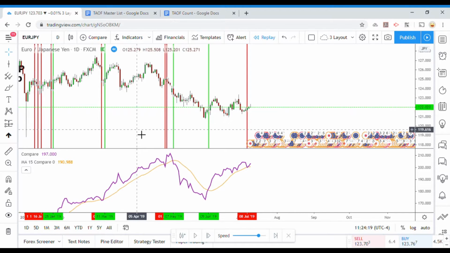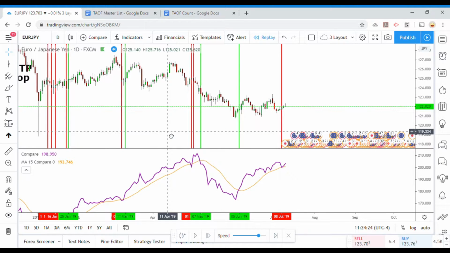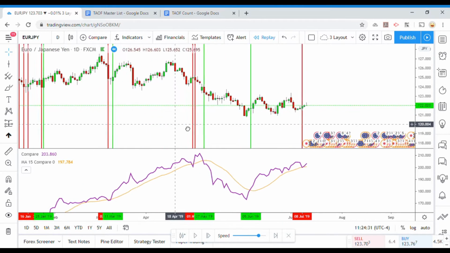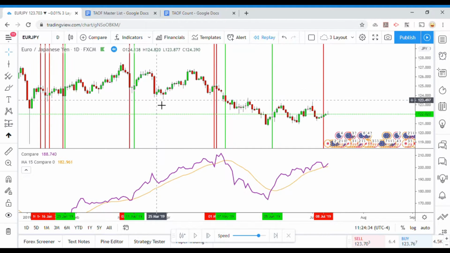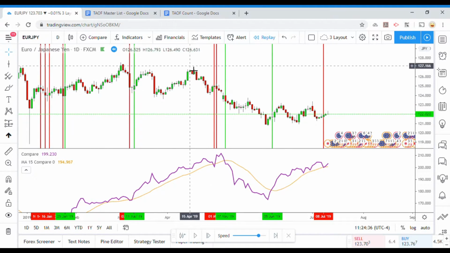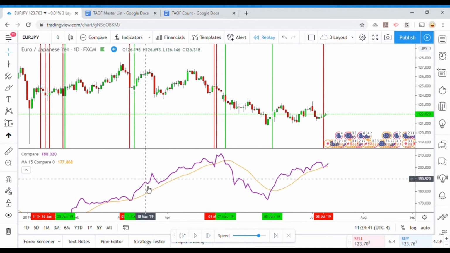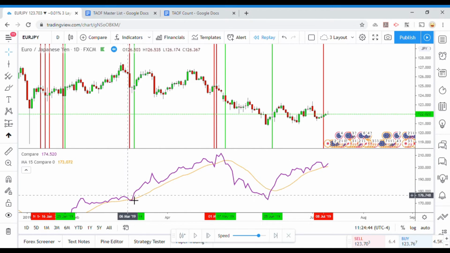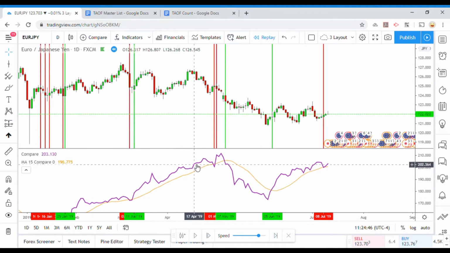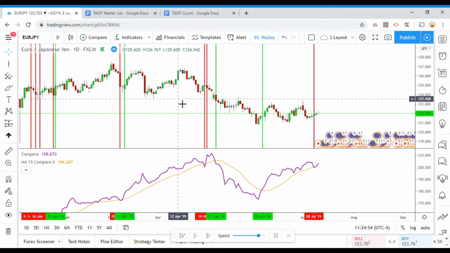What's strange about this indicator is it seems to be giving some really sporadic signals. For example, this area right here, there's a lot of movement in this area, but looking down here at the indicator, it just trends up and up and up, which is very, very odd.